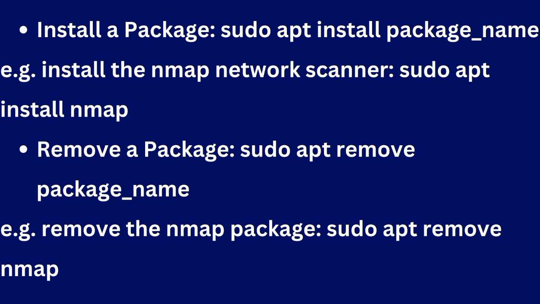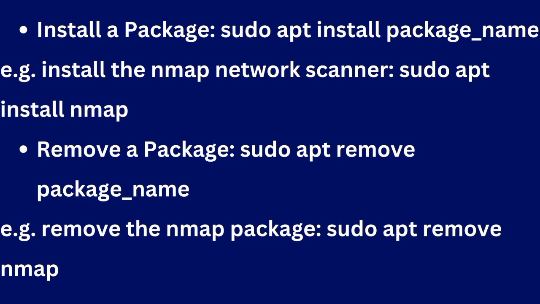Apt update is just to update the package list. Apt install is to install the specified package, whether you want to install Metasploit, which is for Kali Linux, or Nmap, or probably Wireshark.